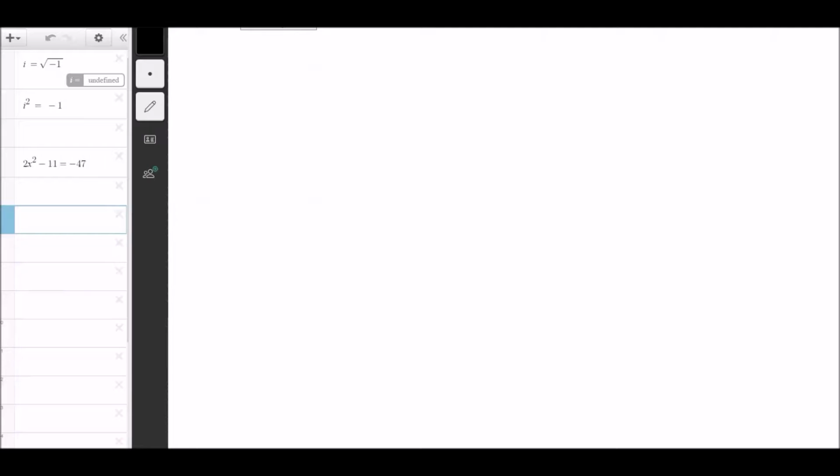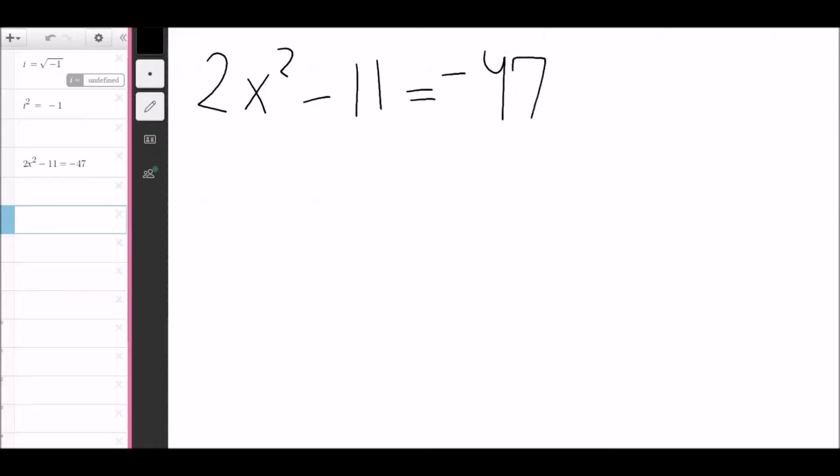Okay, so for an equation like 2x squared minus 11 equals 47, to find x, you need to subtract 11 on both sides, which would become an addition sign.